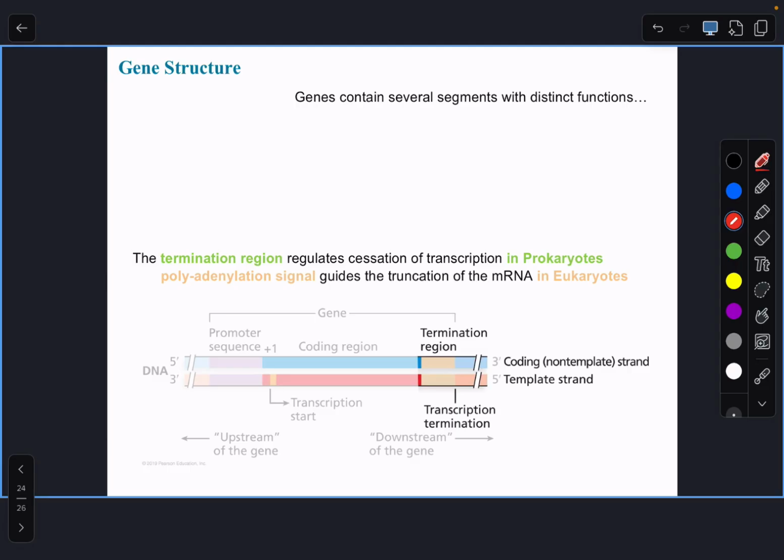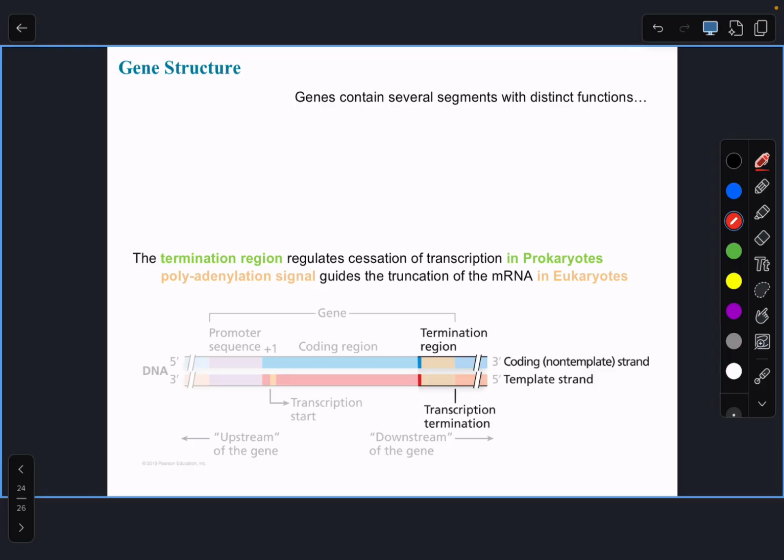Okay. In eukaryotes, I emphasize that non-coding RNAs can have termination regions like prokaryotes do, but all protein coding genes, those that are transcribed into mRNAs, don't have active termination. Instead, what they have is something we call a polyadenylation signal.